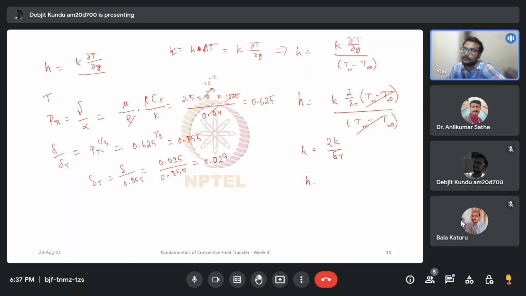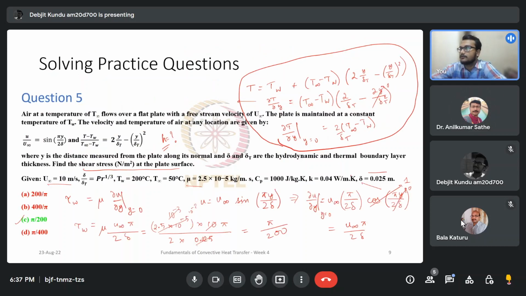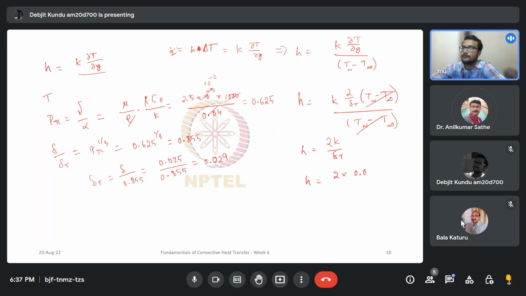Now we get back to H. 2 into the value of K is given. K was 0.04. And delta T is 0.029. So how much would be H in this case? 0.08 by 0.029. It's 2.7586.